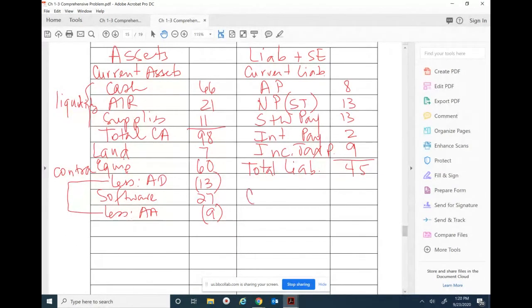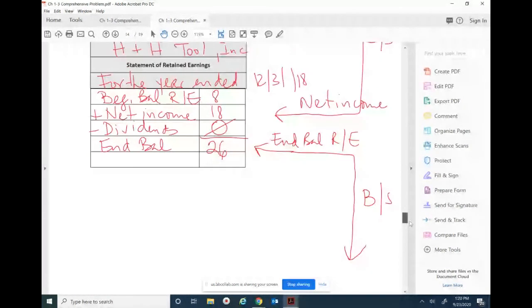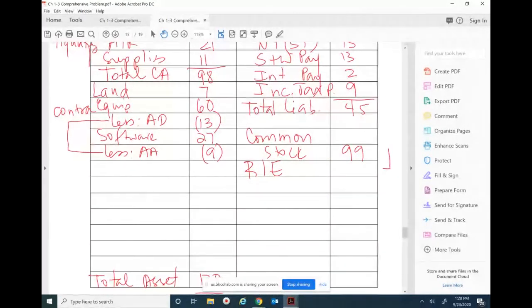Then I have to list stockholders' equity, which is comprised of common stock of 99. And now I have to go back to my statement of retained earnings on the previous page and transfer that amount, 26. See, this amount 26 comes from the statement of retained earnings on the previous page.